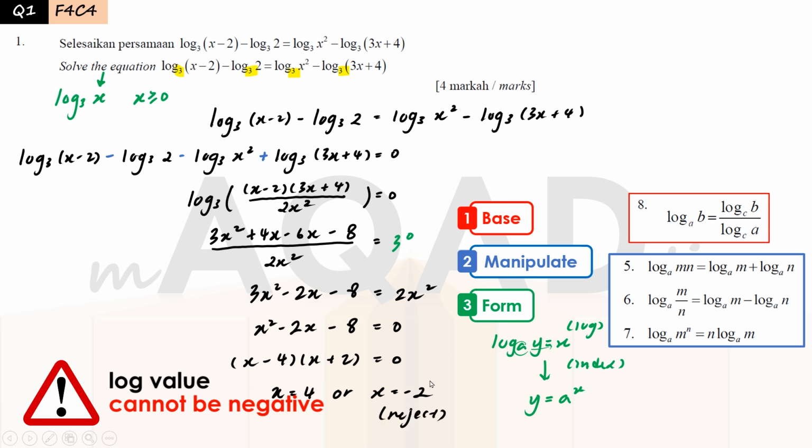So this one we need to reject. Okay. Reason is because if we substitute negative 2 inside this logarithm value, it will be log base 3 of negative 4. If you type this into calculator, you will get an error. Alright? So we need to accept 4 as our answer, because if we substitute 4 inside these 2 logarithm values, both of them are positive.